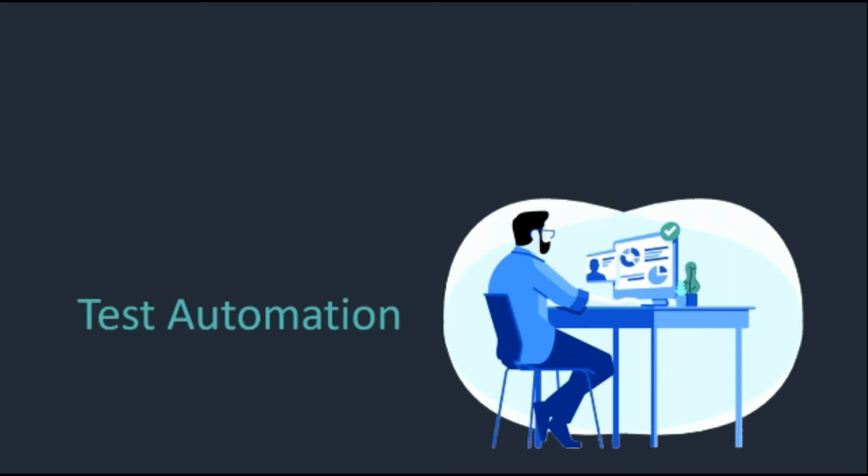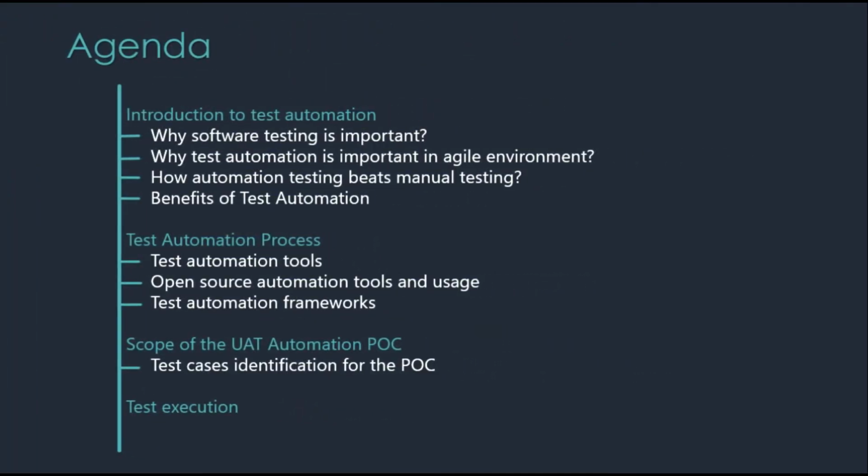This is the first video tutorial in this series, and in this video we are going to cover these main points. First, I'm going to give you an introduction about test automation. In this topic I will tell you why software testing is important, and why test automation is important in Agile, and how automation testing beats manual testing, also the benefits of test automation.